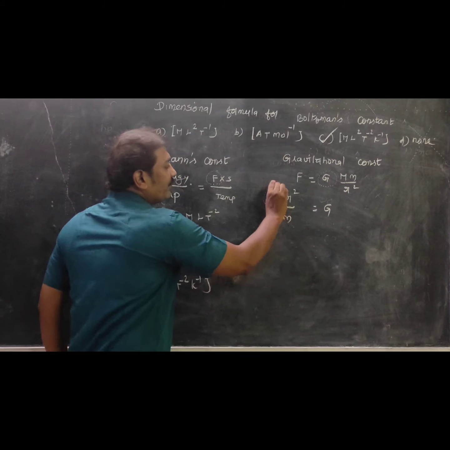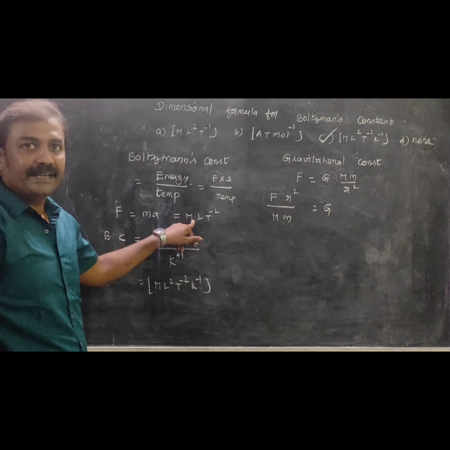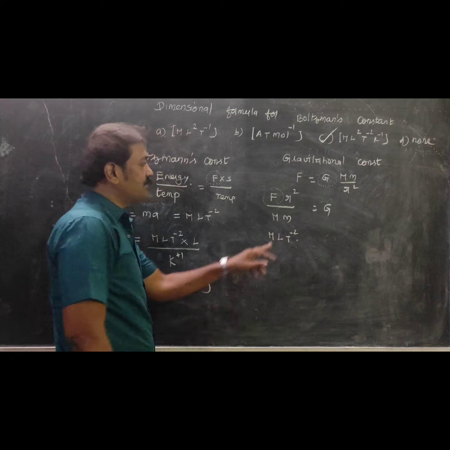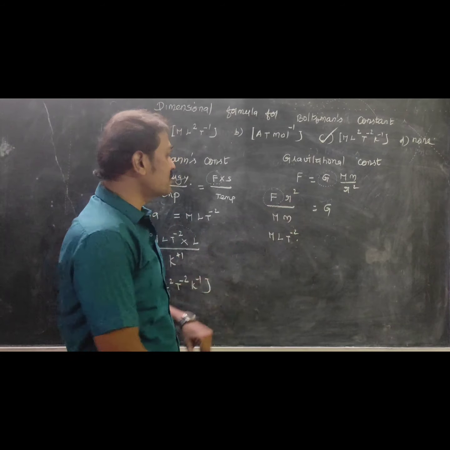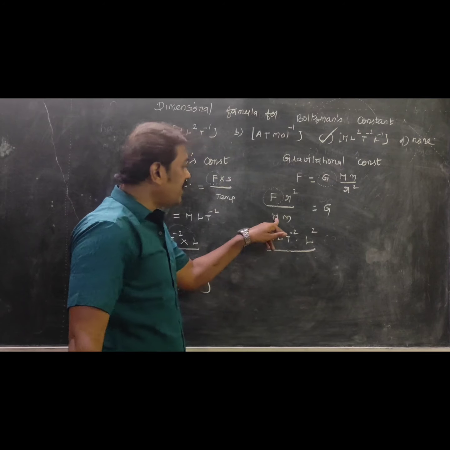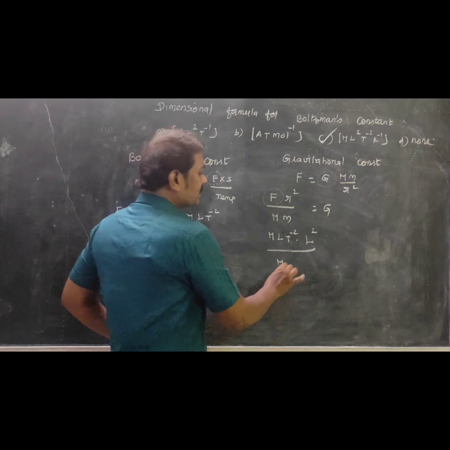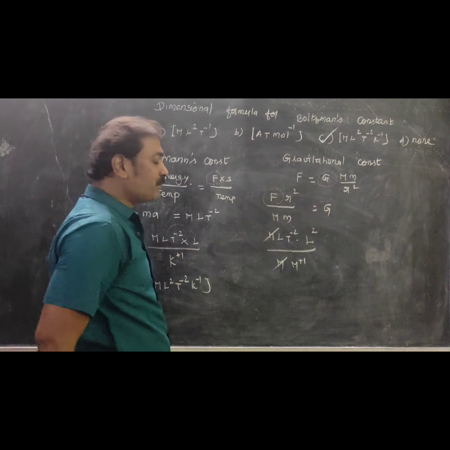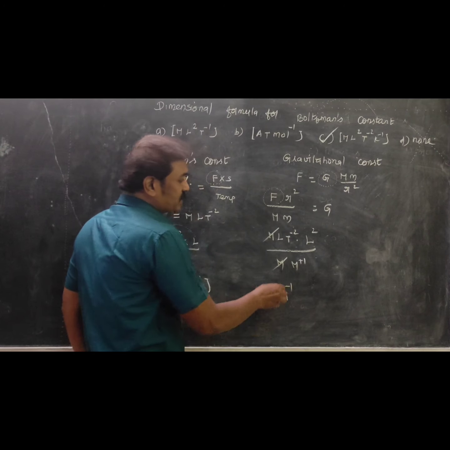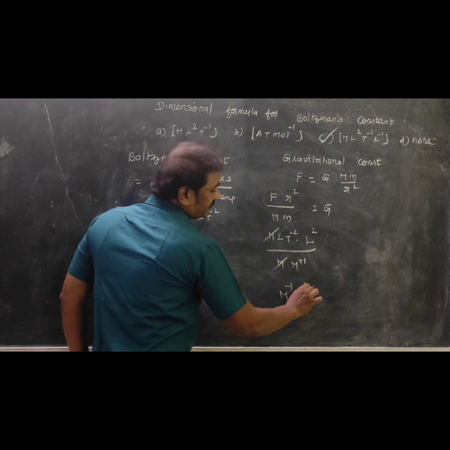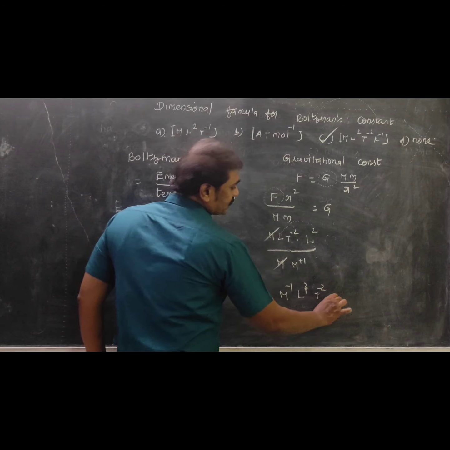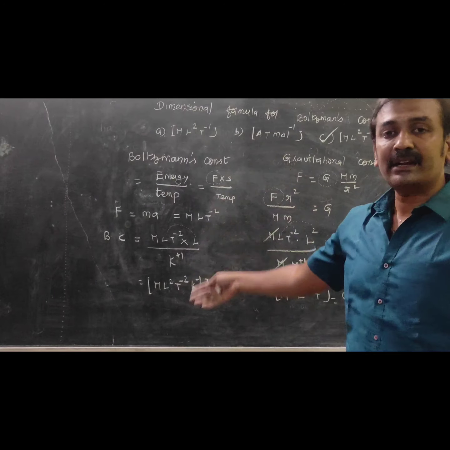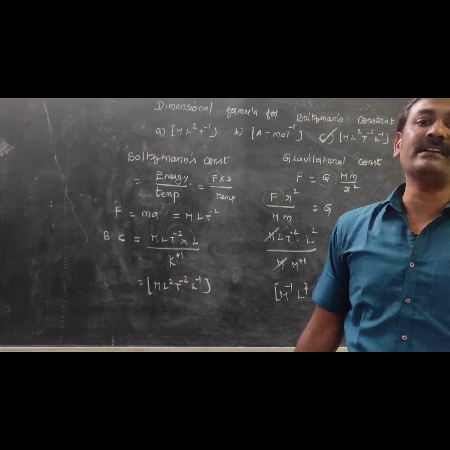Force is m l t power minus 2 into r squared, that is distance squared, so l squared. Mass m is also in the denominator, so m gets cancelled. The plus 1 goes to the numerator as minus 1, so m power minus 1. L squared into L becomes L cube. Here t power minus 2. So this is the dimensional formula for gravitational constant. Like that we can go for Faraday's constant or Planck's constant.